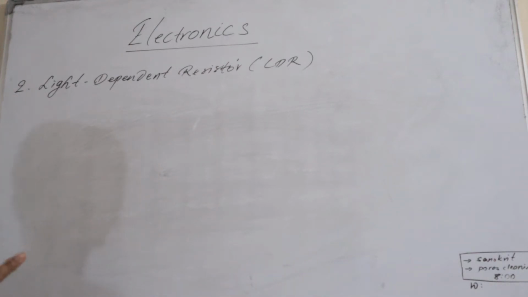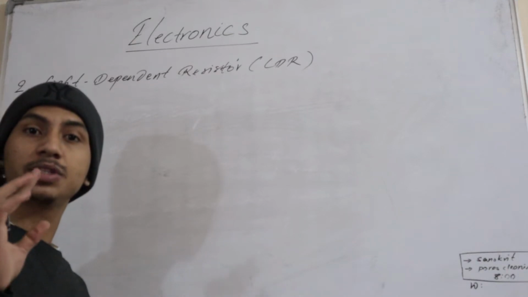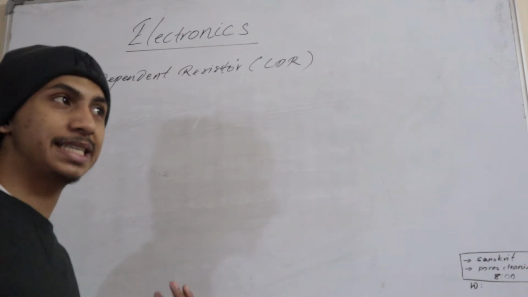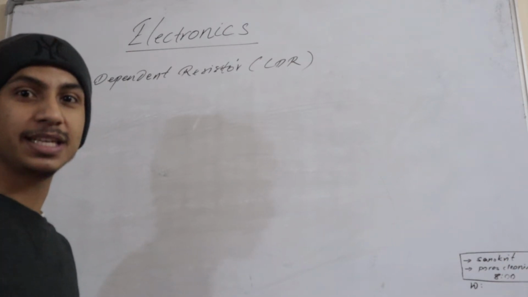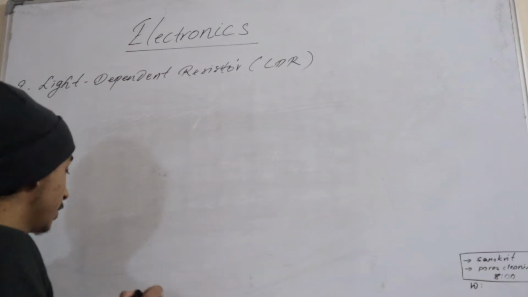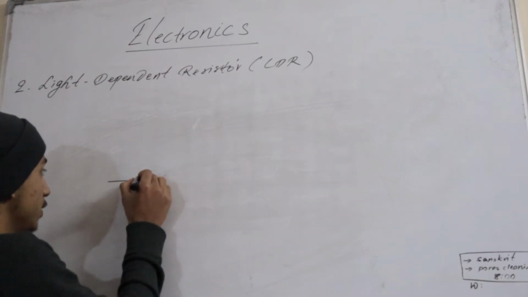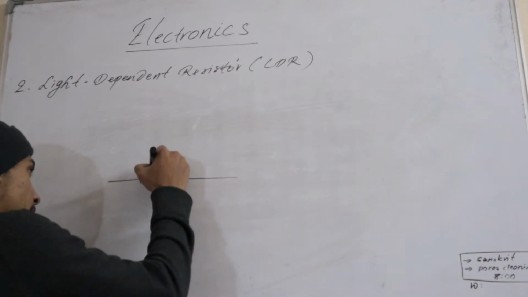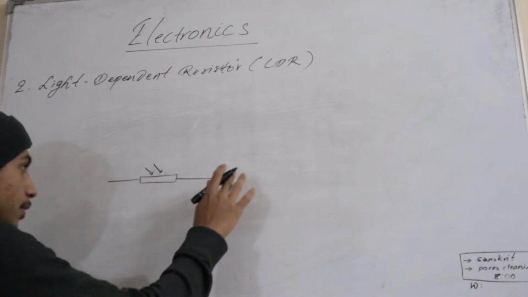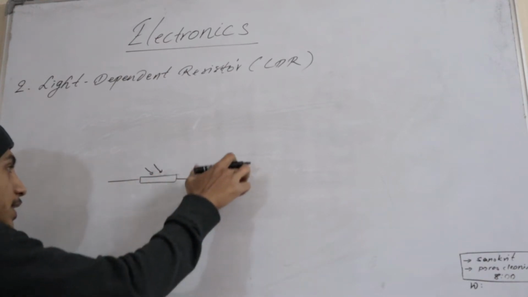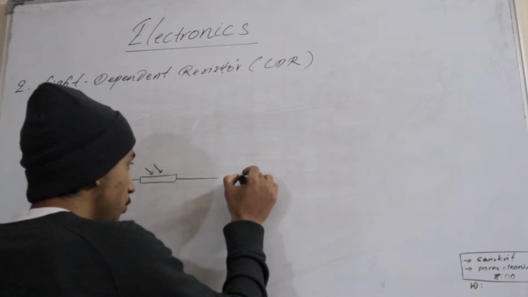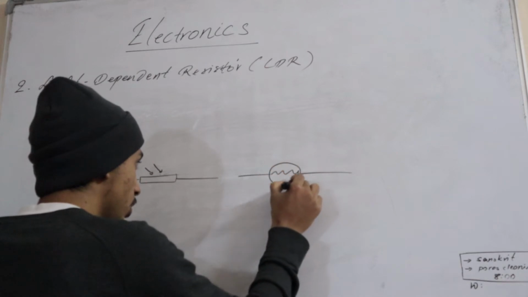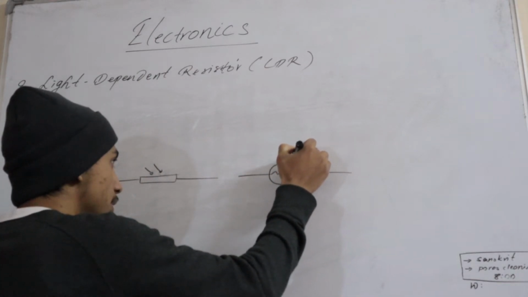So first thing in LDR, you need to know the shape. Many students get confused about the shape of LDR. In some questions you will see this kind of symbol, and in others you see this kind of symbol.